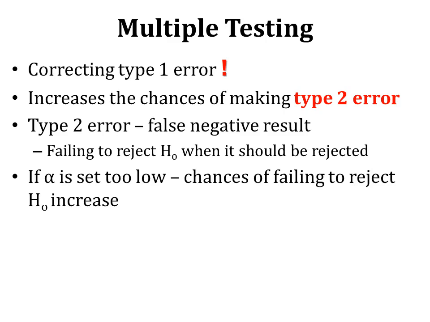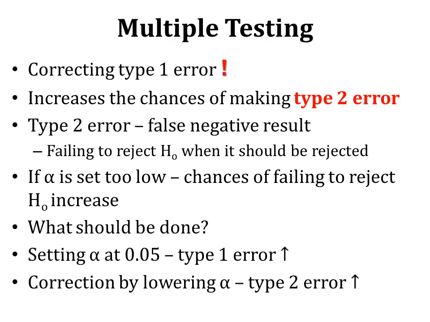If the level of significance is set too low, then the chances of failing to reject the null hypothesis increase. Because if we were rejecting the null hypothesis at 5%, but now we are rejecting it at 1%, the chances of rejecting the null hypothesis when it should have been rejected are becoming low. So we are going to increase the chances of making a type 2 error.